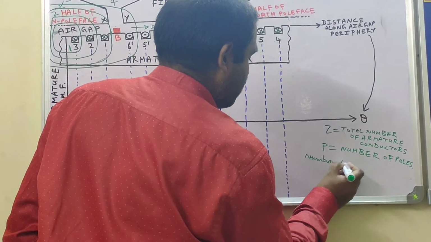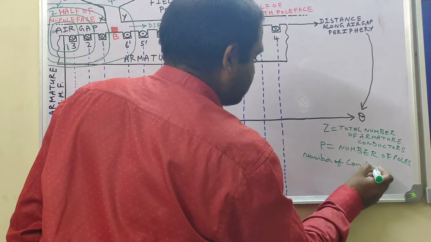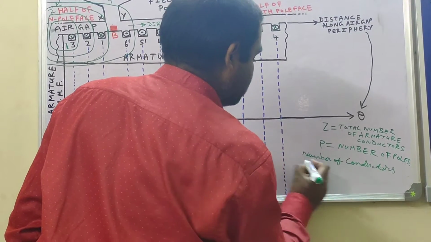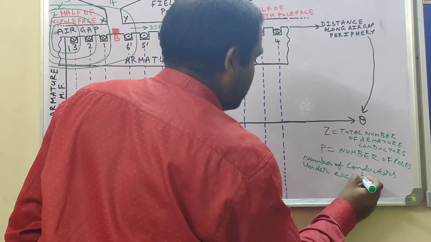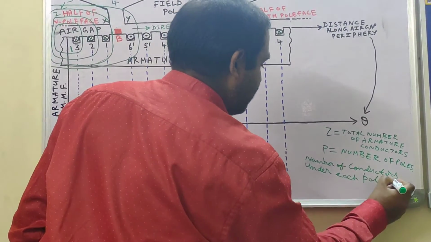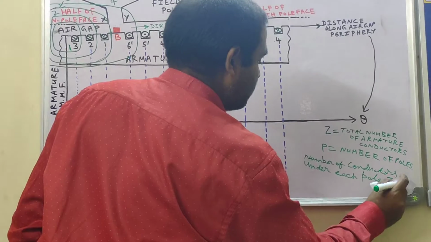The number of conductors under each pole is how much? Z by P, total number of conductors by number of poles.